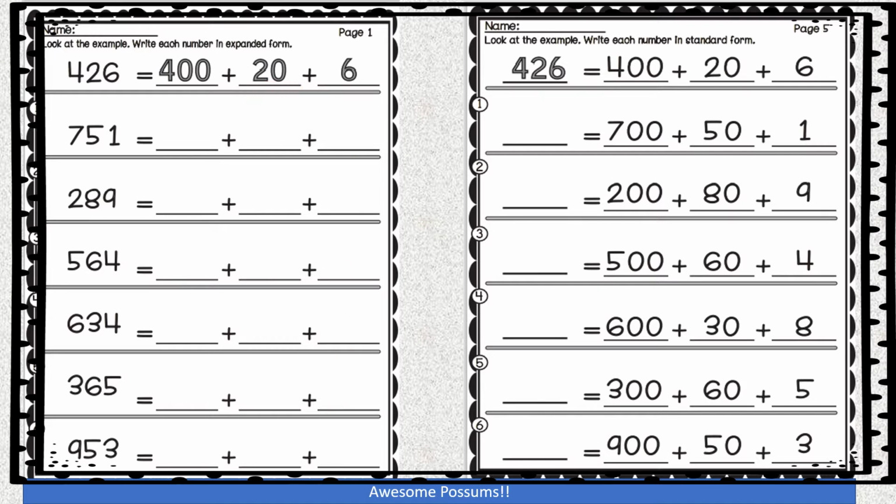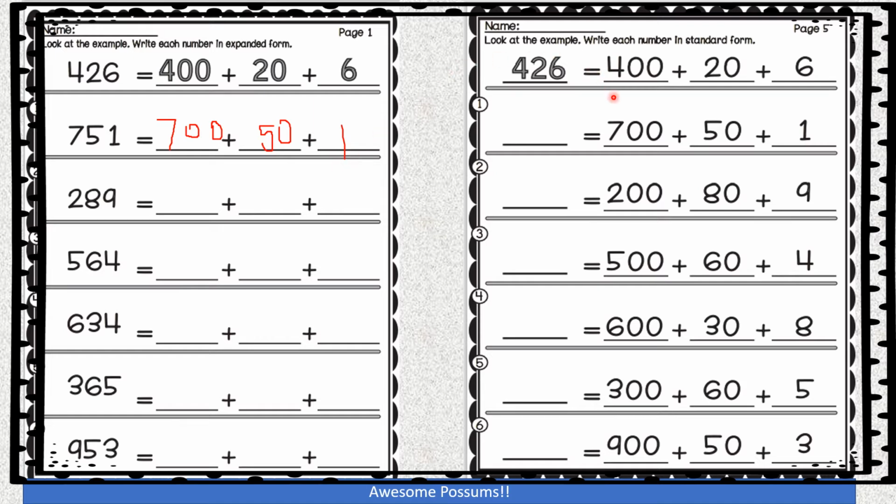Let's look at the next one, 751. I would write 700 plus 50 plus 1. So I took the number from standard form and I wrote it in expanded form.